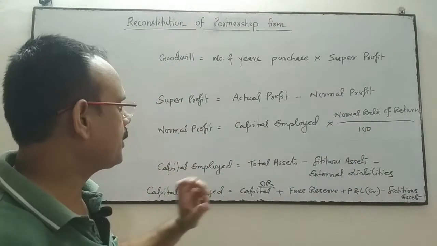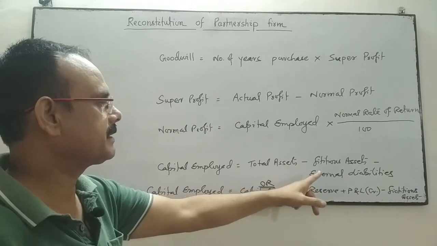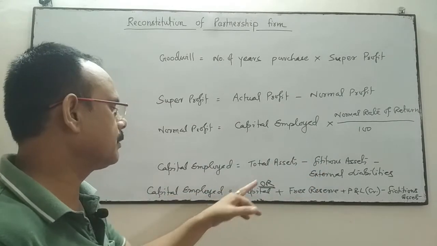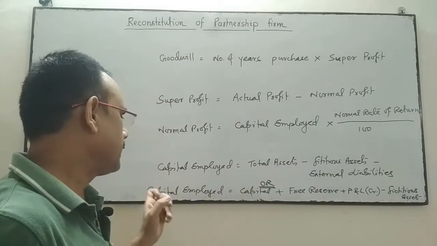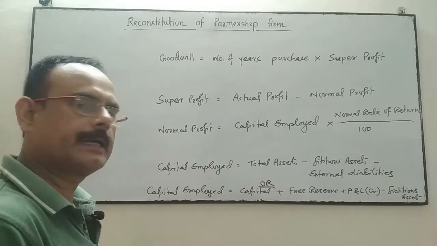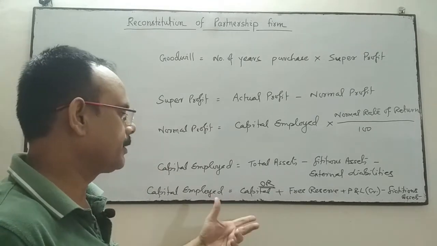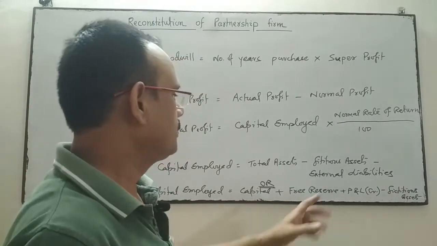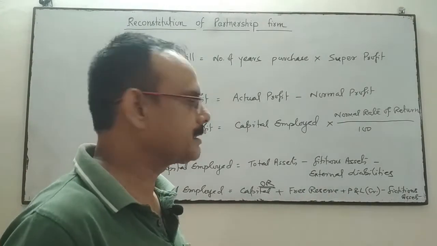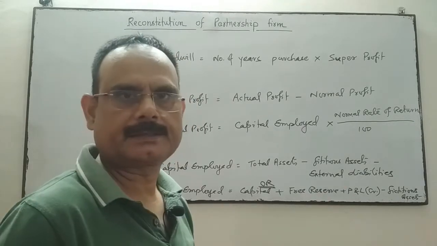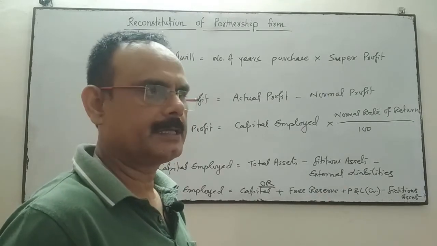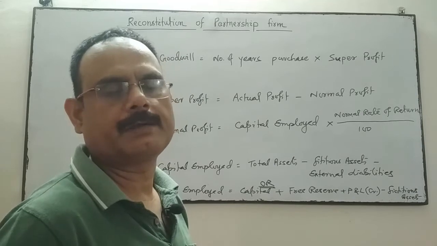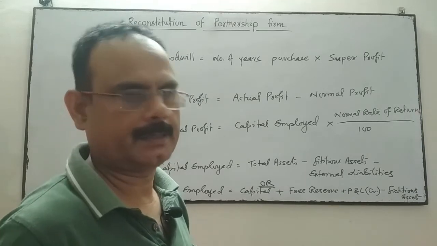What is capital employed? Total assets minus fictitious assets minus external liability. This can also be calculated like this: capital employed is equal to capital of the partner or capital of the business, plus free reserve and surplus, plus profit and loss credit balance, minus fictitious assets. And if there is a loss in the business, a profit and loss debit balance, that is also deducted.